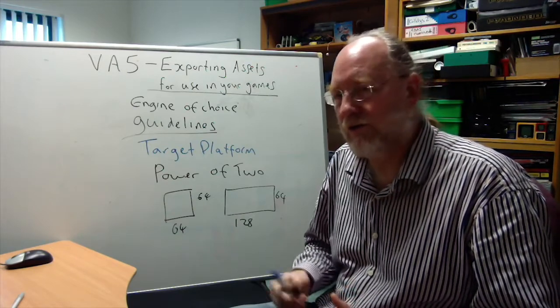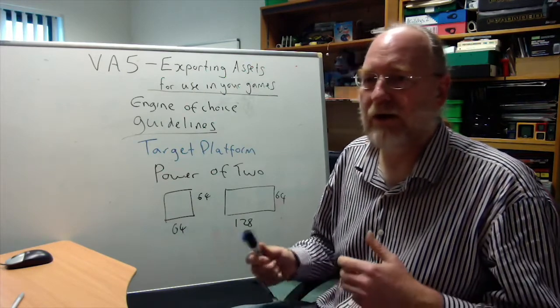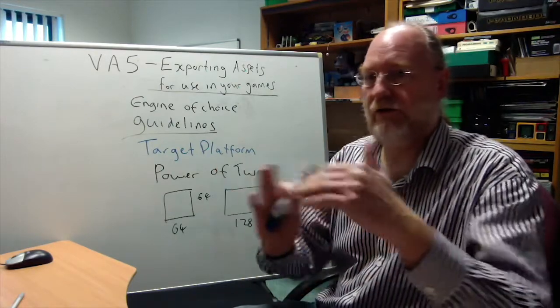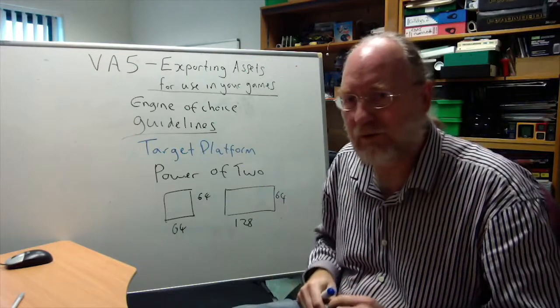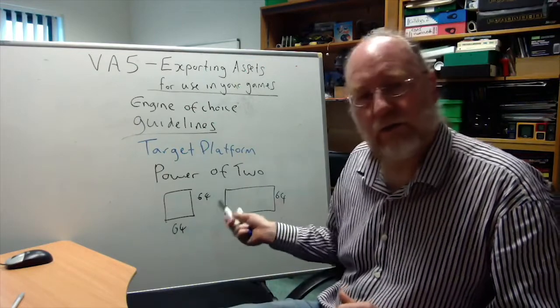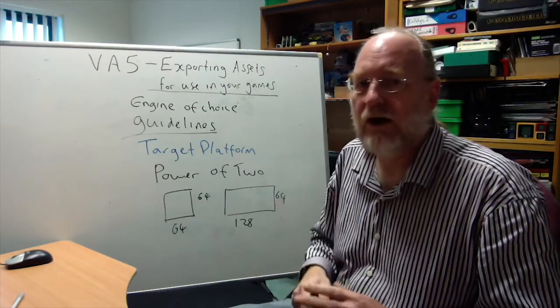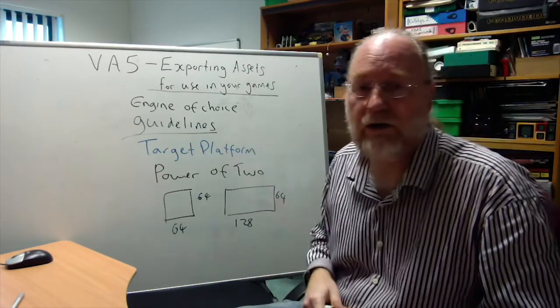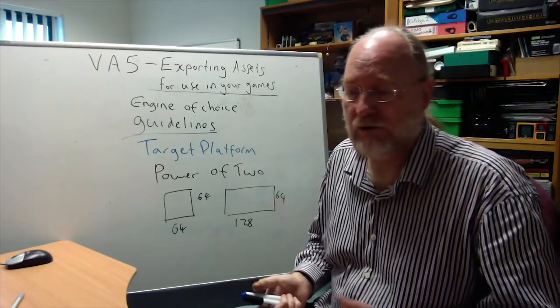But it isn't necessarily so much now, when game engines generally are fairly forgiving and you can just slap a texture on there and it doesn't really matter how many pixels by how many pixels it is. But even little things like that can make a difference. So it's definitely worthwhile reading up on the guidelines that your engine of choice manufacturer is producing.